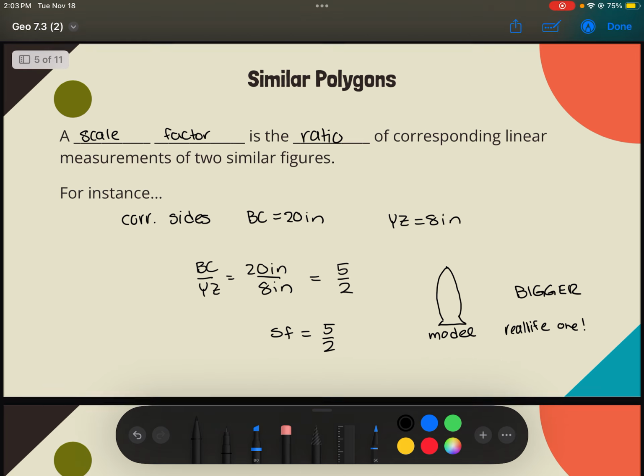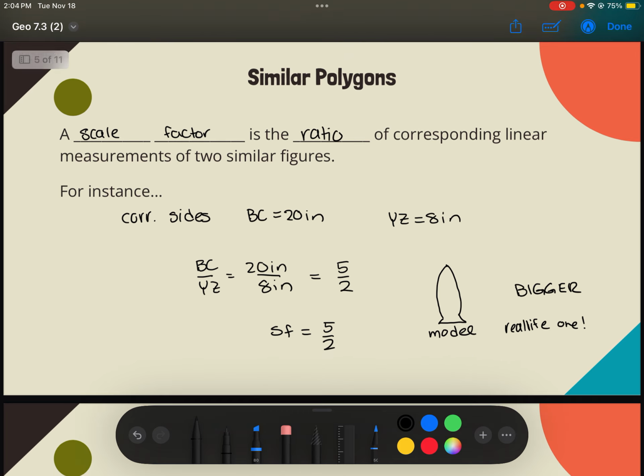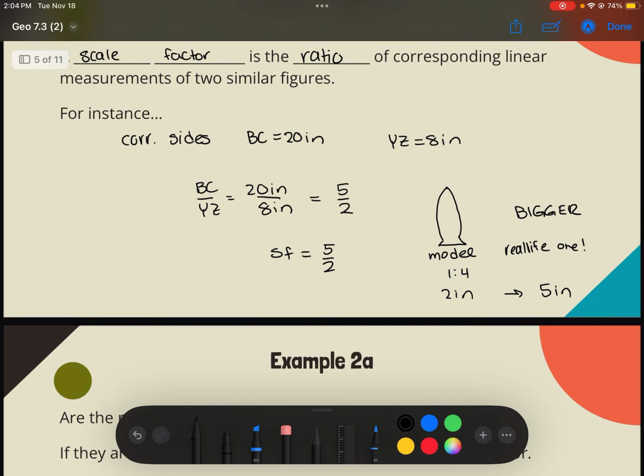So the scale factor would be like, maybe the model is 1/4 of your overall thing. That would be a 1-to-4 ratio. Maybe the model is a 2-to-5. So every time you have 2 inches on the model, that's going to correspond to 5 inches on the real one. All right, so that's kind of where scale factor is going to start playing a role in the real world. Okay, let's keep moving.